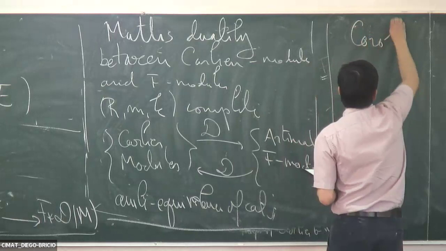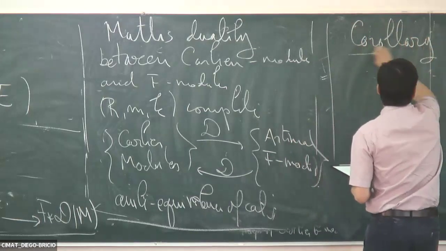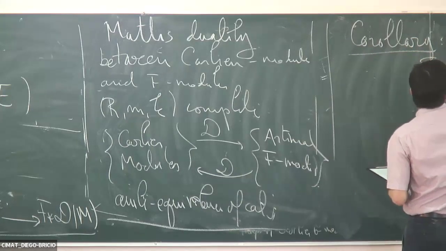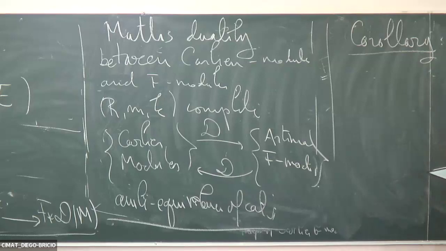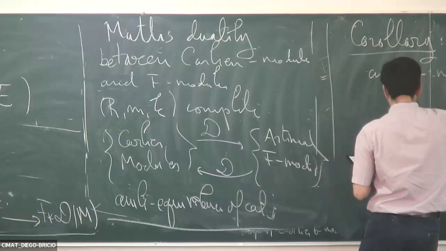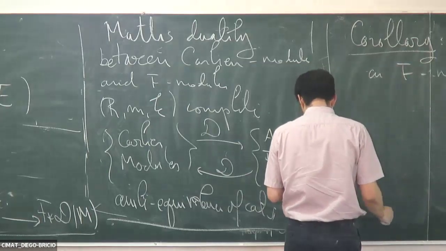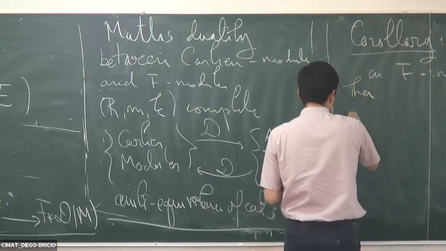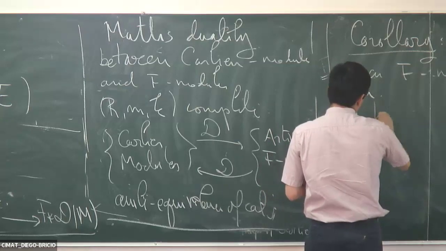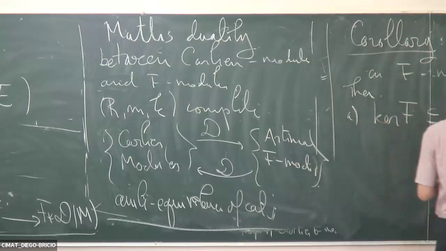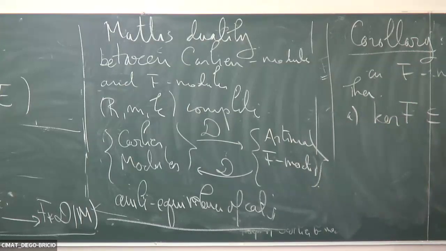That's the application I'm going to end up with, and we're going to keep exploring this on Thursday. I'm going to write it down like this. If M is an F module, then if you look at the kernel of these things, this is stabilized.